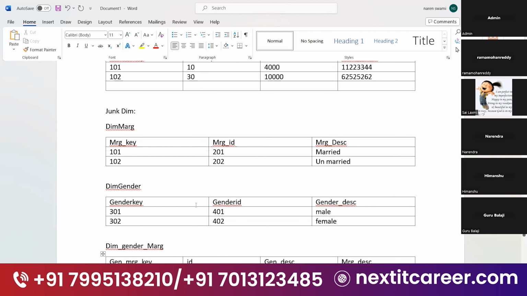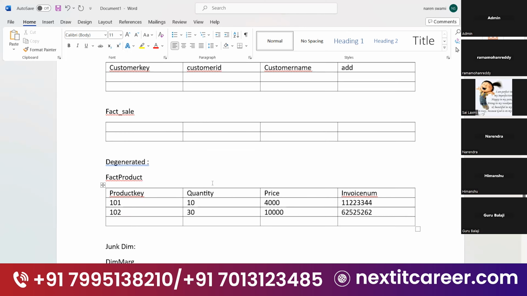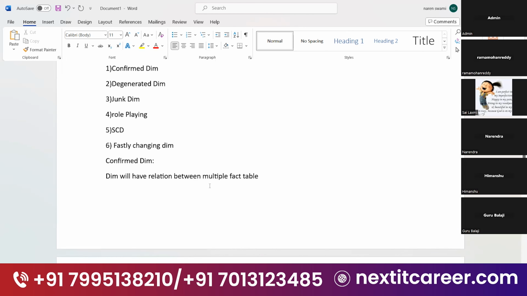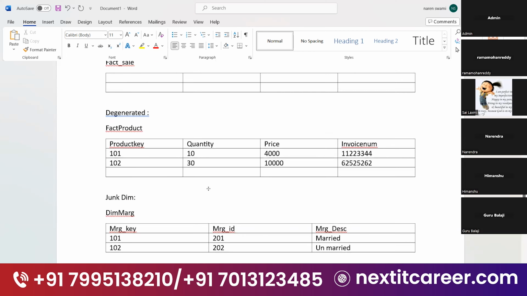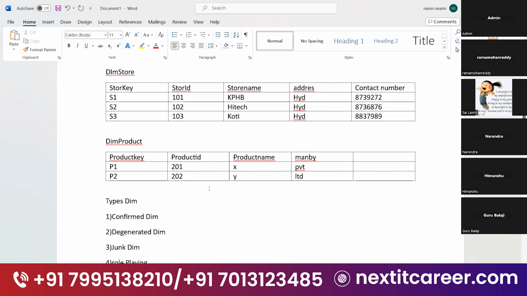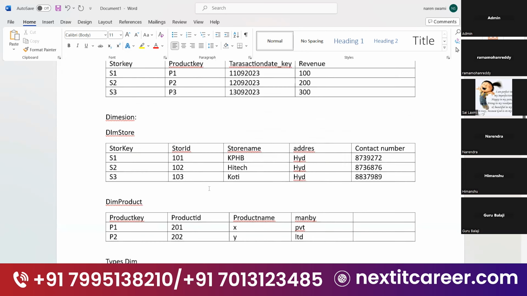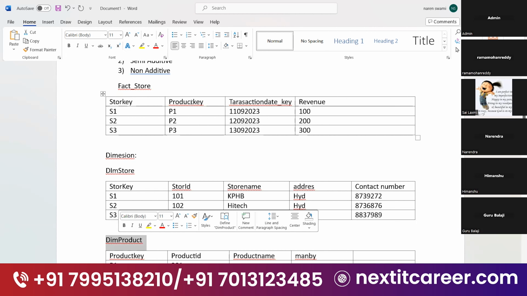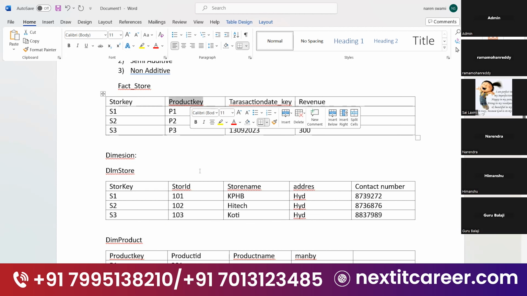See, here in a fact table, for each dimension, we will have one column. If you see in this example, just a minute, I will show. For dim store, we have one column, from dim product, we have one column. Like this, for every dimension, we will have one column, right?